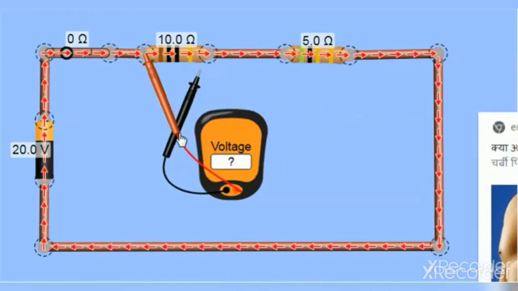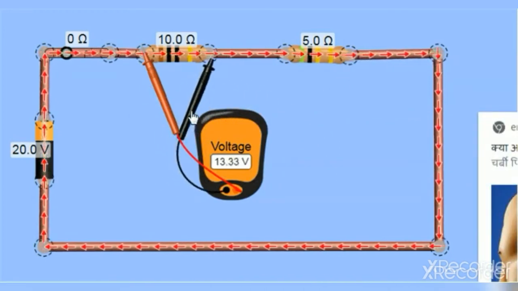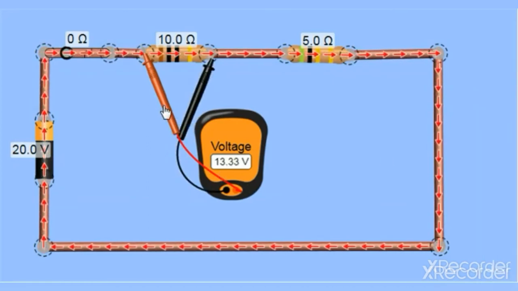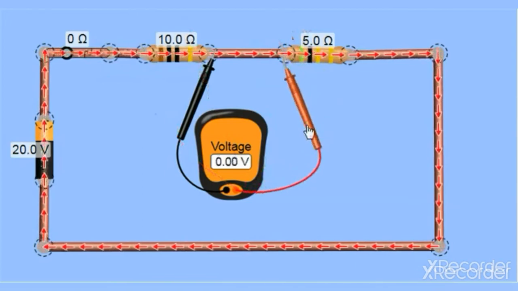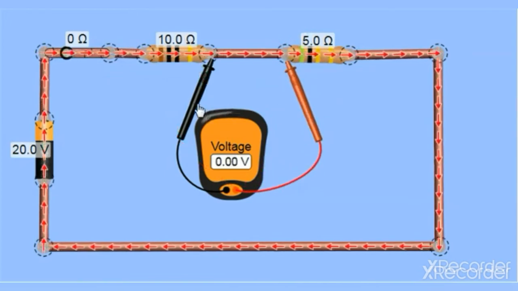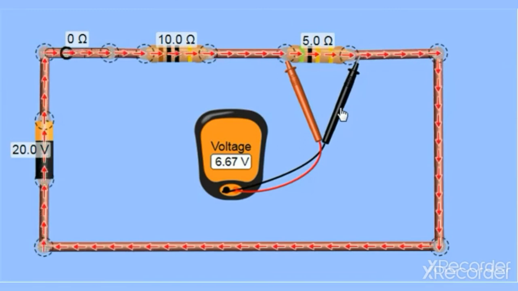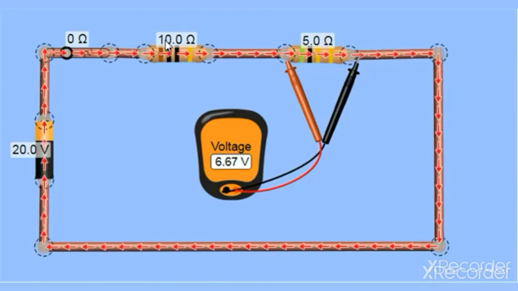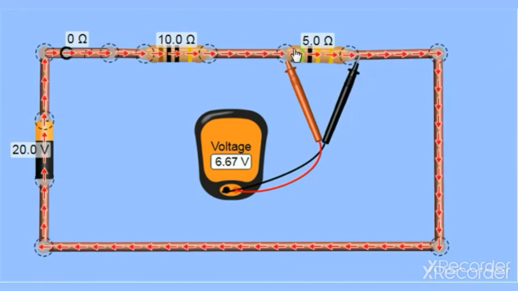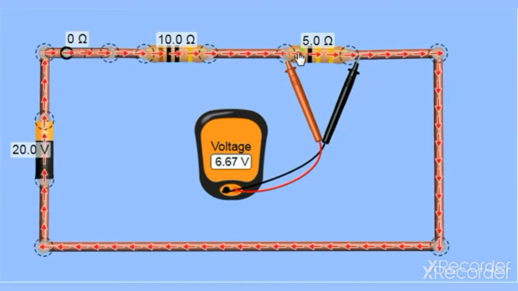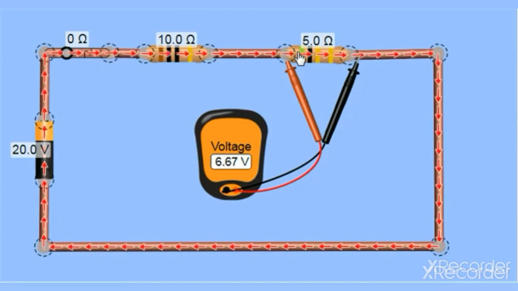It is 13.33, and the voltage drop across the second resistance of 5 ohms is 6.67. So across the 10 ohm resistance the voltage drop is 13.33, and across the 5 ohm resistance it is 6.67. Finally, 13.33 plus 6.67 is 20 volt.